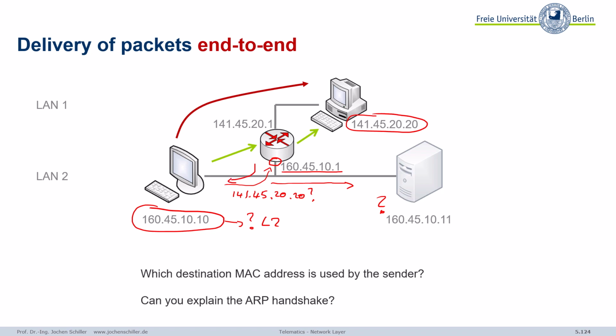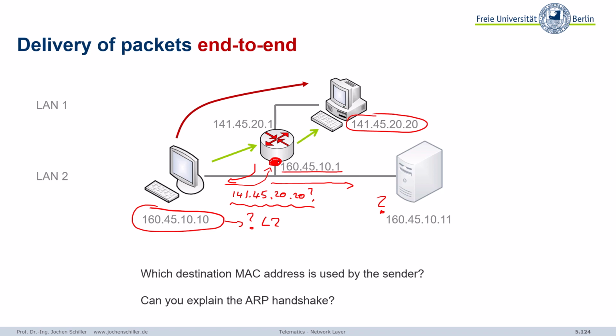So if you send an ARP request asking what is the layer 2 address of this IP address, the router will answer, although the router doesn't have that IP address, because the router is responsible for forwarding the packets to this other external machine in a completely different local area network, maybe on a different continent. So there's the ARP request, and the router will answer with a response, telling the machine, okay, for this IP address I'm responsible, and the router will tell its hardware address, the MAC address of this interface here. That's the content of the ARP reply.